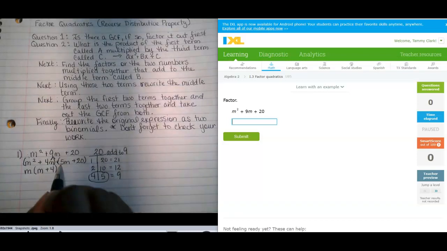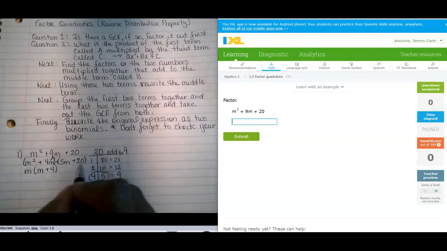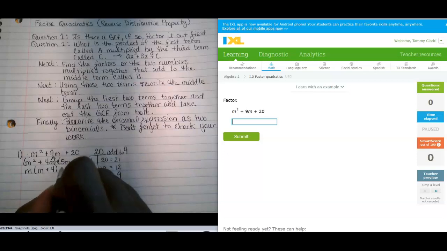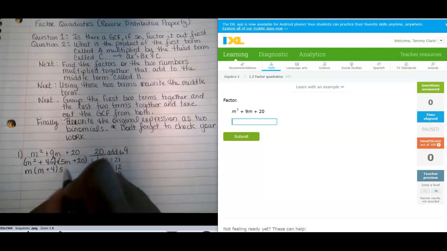Then here in the second set of parentheses, or the second binomial, I know that 5 is a factor of 20. So I'm going to take out 5. That leaves me 5m divided by 5 is m. 20 divided by 5 is 4.